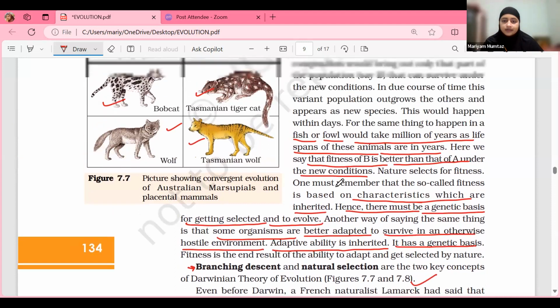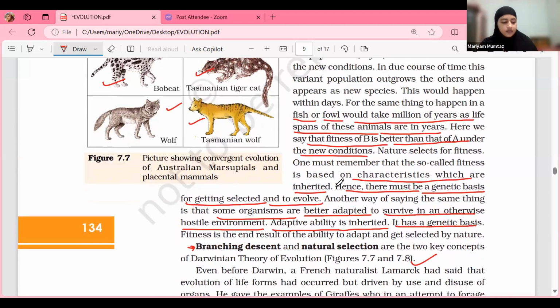All right. So the dates for your boards exam have been out. Did you get the timetable? When is your biology exam? It's on the 19th of March. And how many days do you have for the preparation?